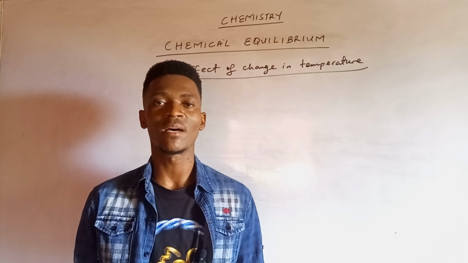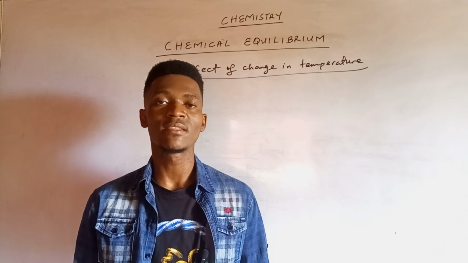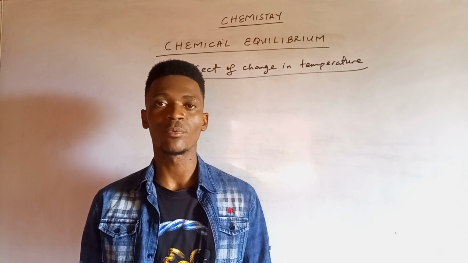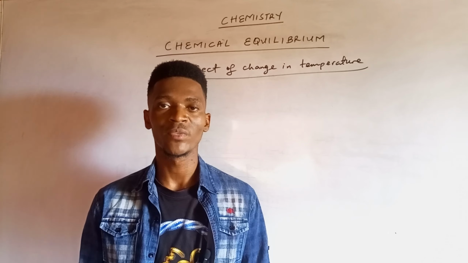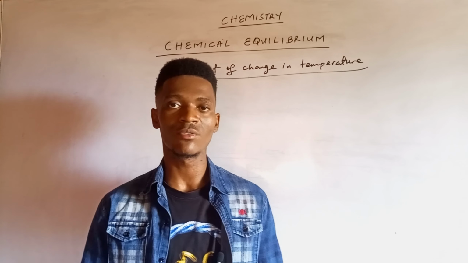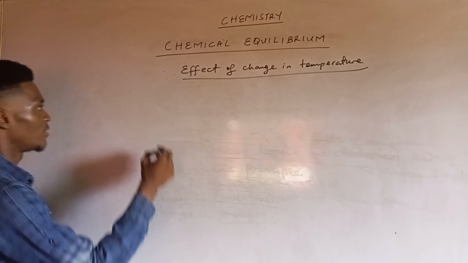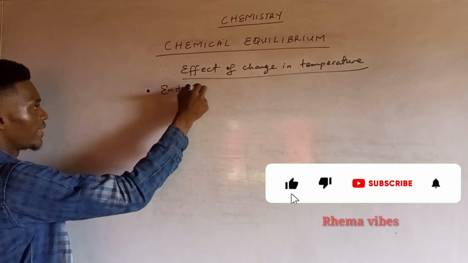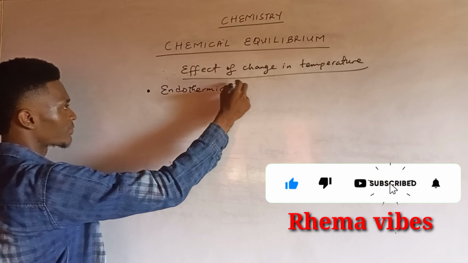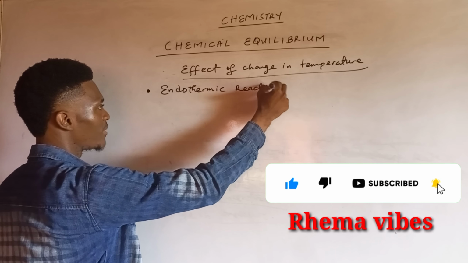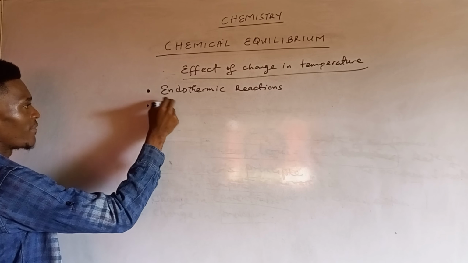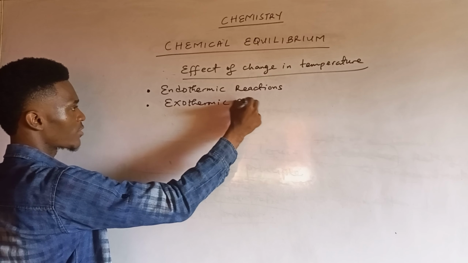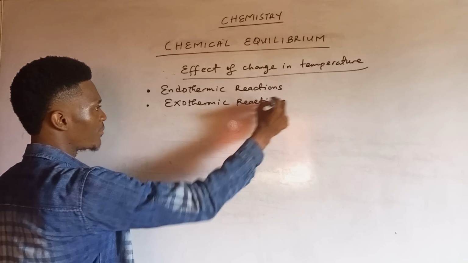And what are the systems that can be affected by changes in temperature? Of course, there must be reactions that are influenced by changes in temperature. And we have two subdivisions of such reactions in the world of chemistry. We have endothermic reactions and exothermic reactions.